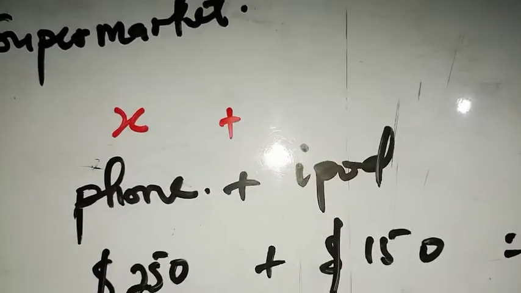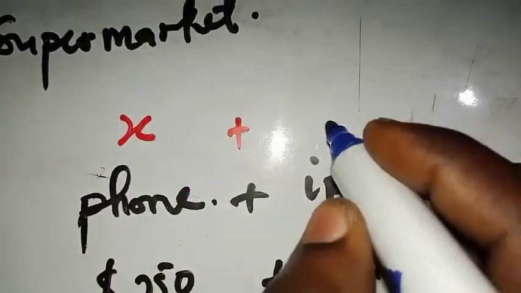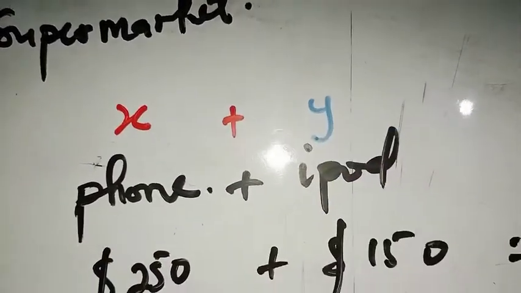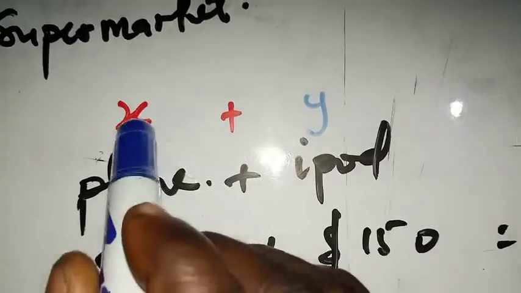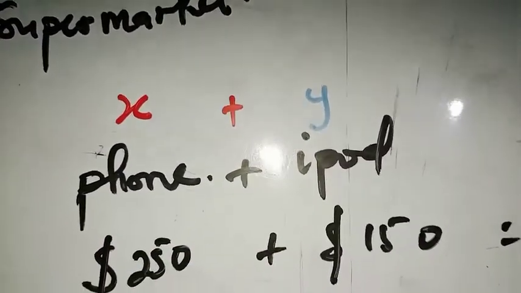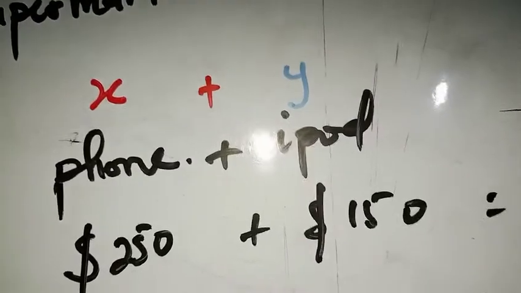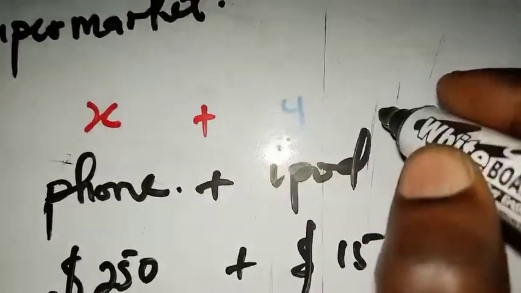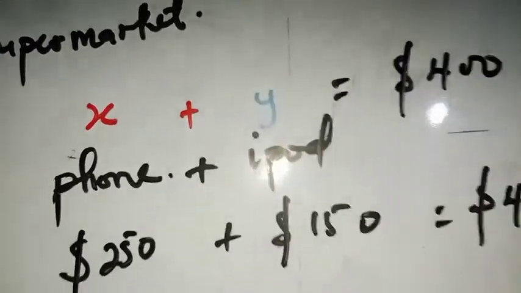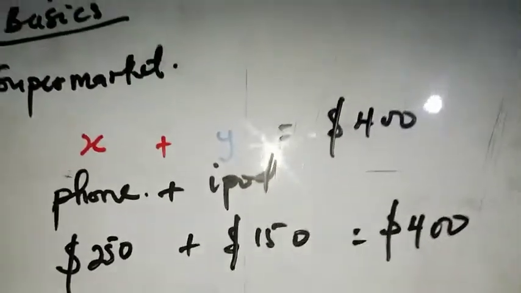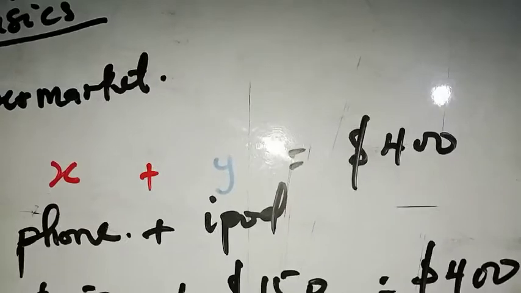By variable, I mean these letters. So we call it y, meaning that x and y are not the same. Everything here is equal to a certain amount of money, assuming $400. What we are doing here is what we call algebra.